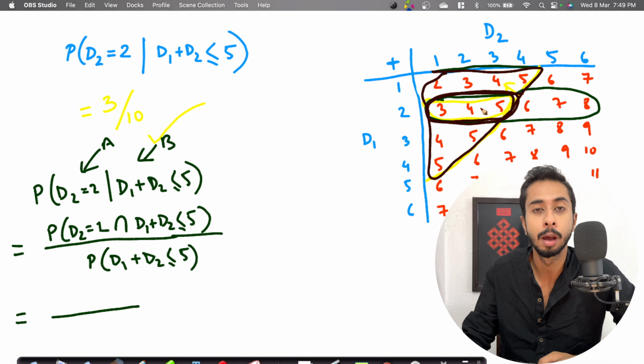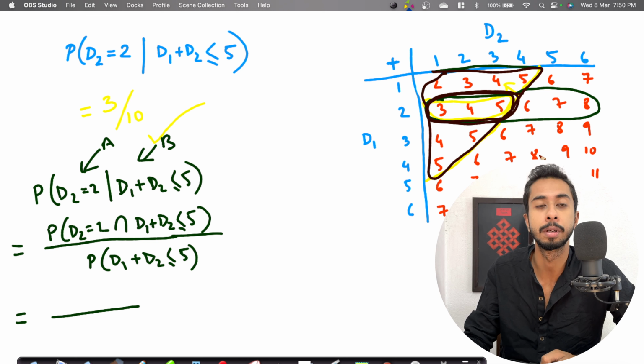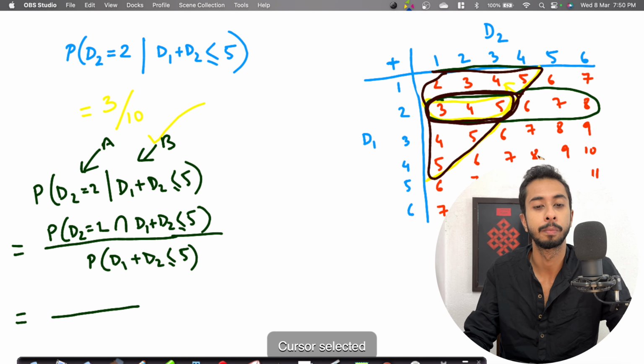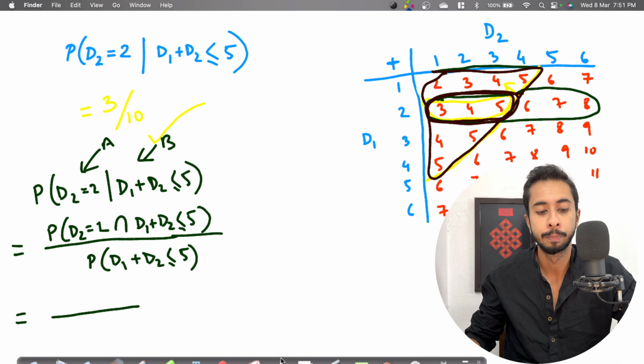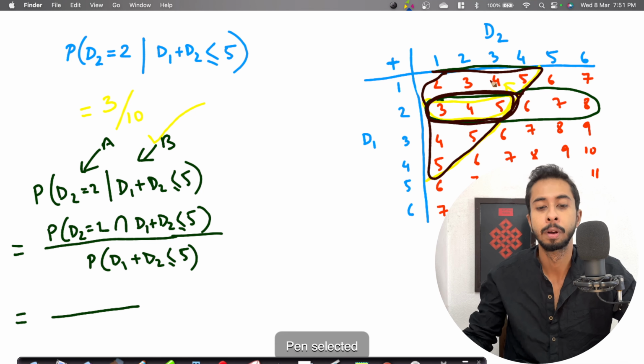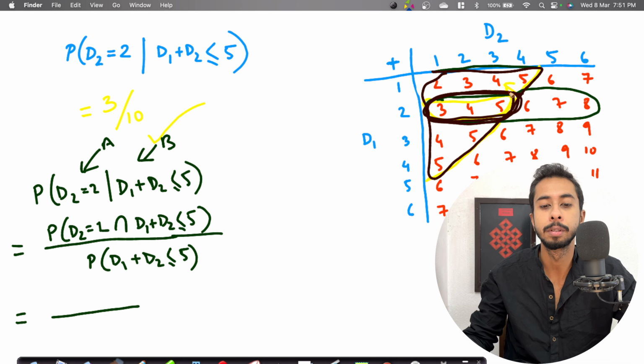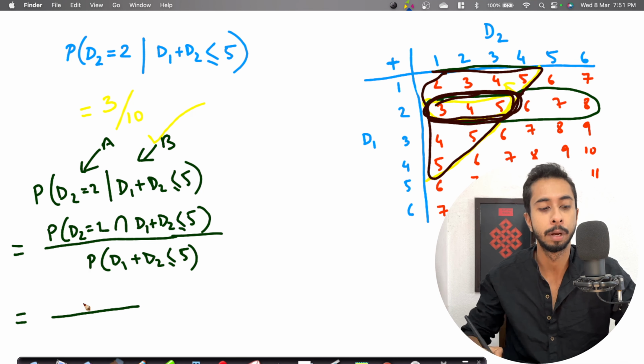That is 3 out of what? Out of the entire sample space, which is 36. You can see 36 values are present here. Isn't it? So what is the probability? It is only this space, which is 3 out of 36, right?